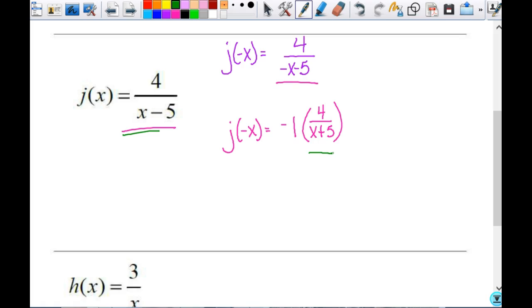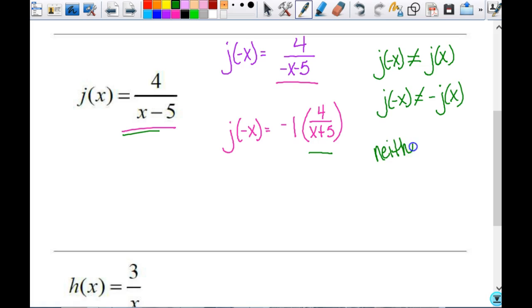So that tells me that j of negative x does not equal j of x, and j of negative x does not equal negative j of x. So this is neither odd nor even. It's neither one of them.